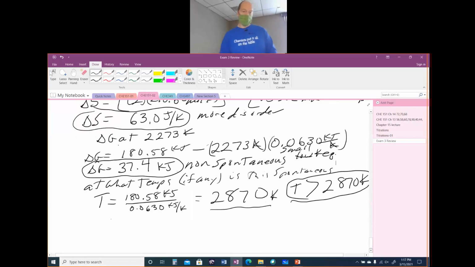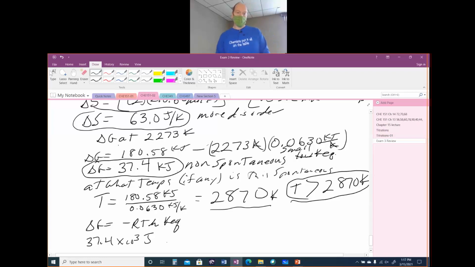And our delta G is equal to negative RT ln KEQ. So our delta G is 37.4 kilojoules times 10 to the third joules. Kilojoules is times 10 to the third joules.